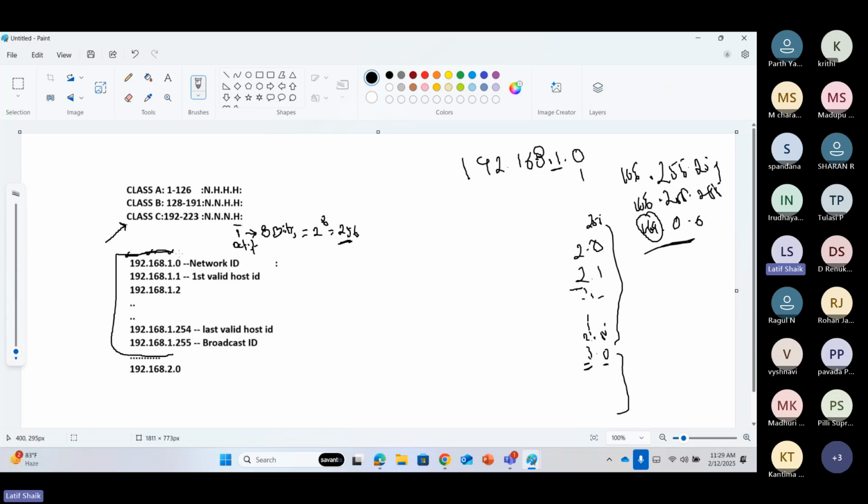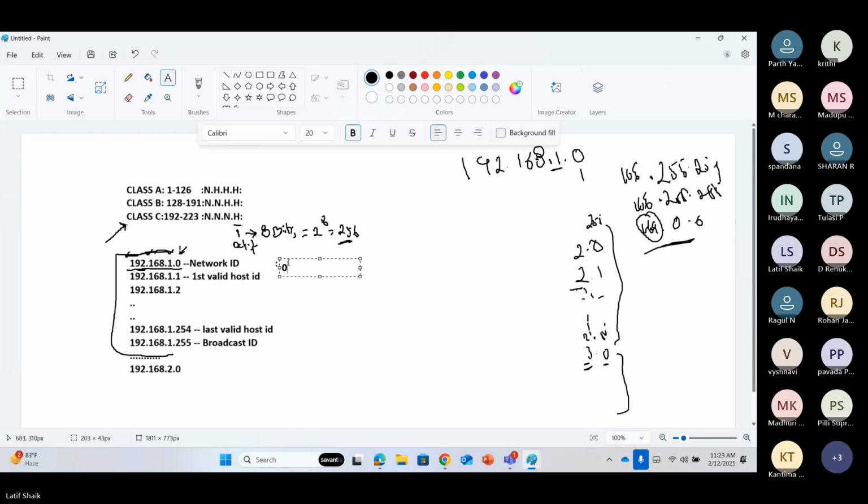So if you take this 0 in the network ID, the first three are the network part and it won't change. This is the host part, 0. In this host part, the 0 represents all zeros.